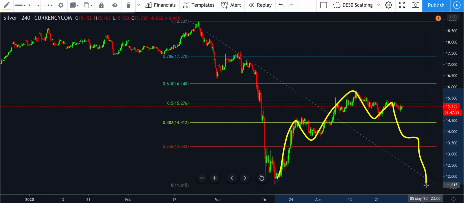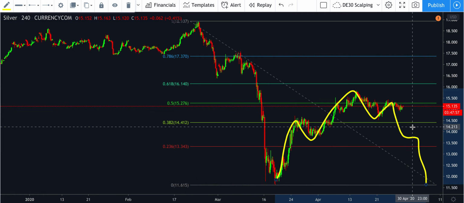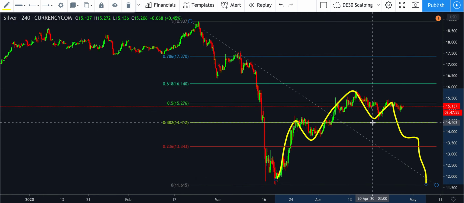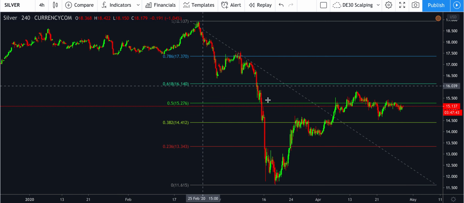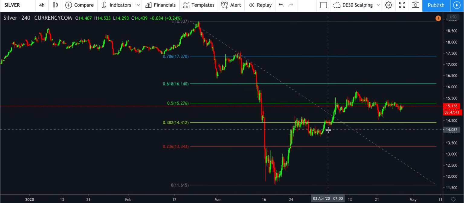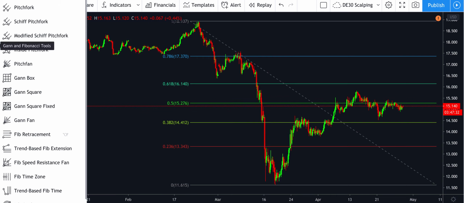If we break the 1440, you'll have an opportunity to sell. This is my forecast: we might have a completion of the move down, I mean the correction or the retracement, and we might have a continuation.